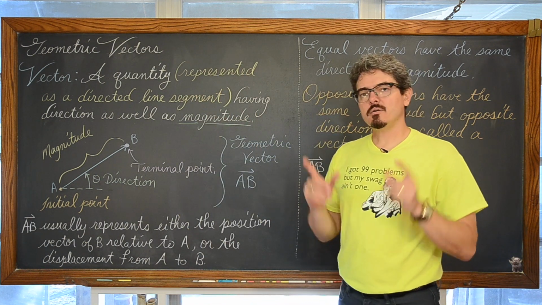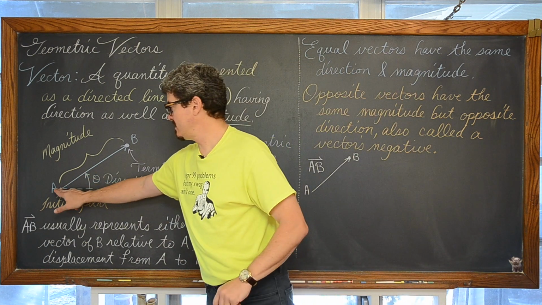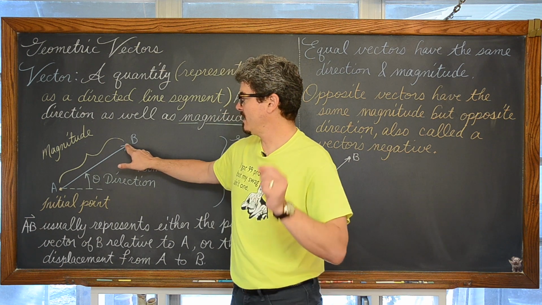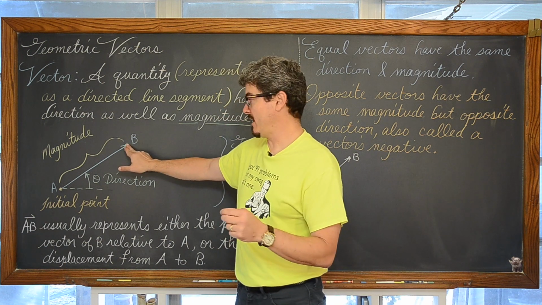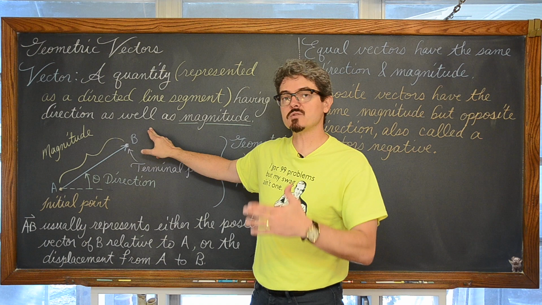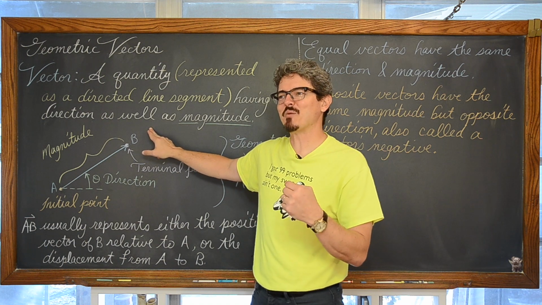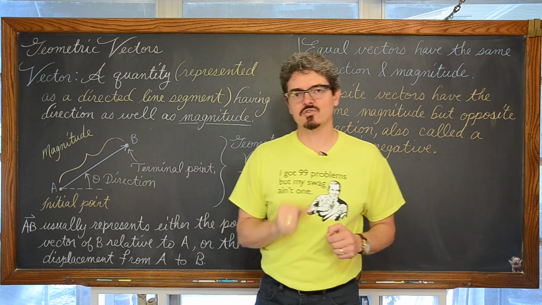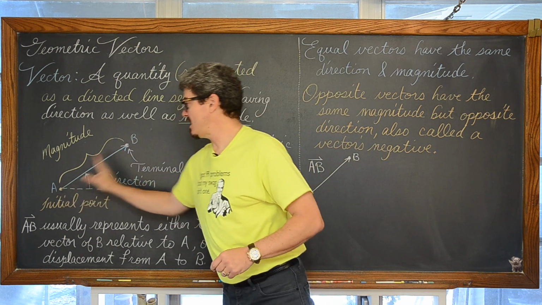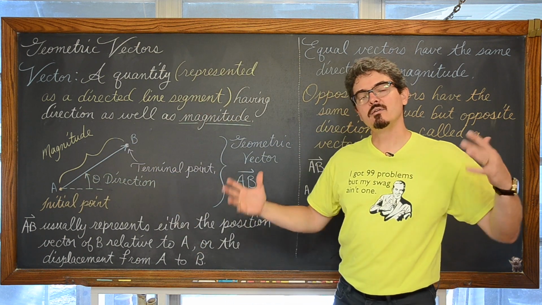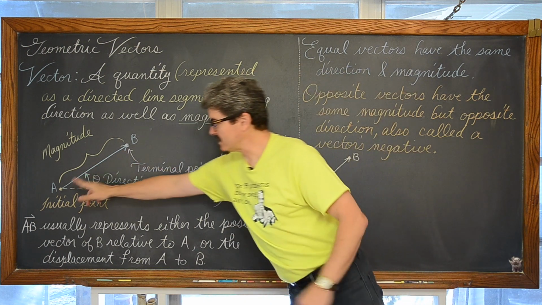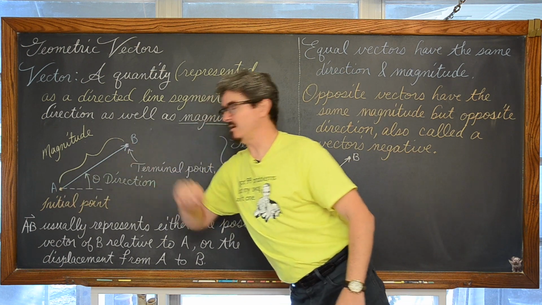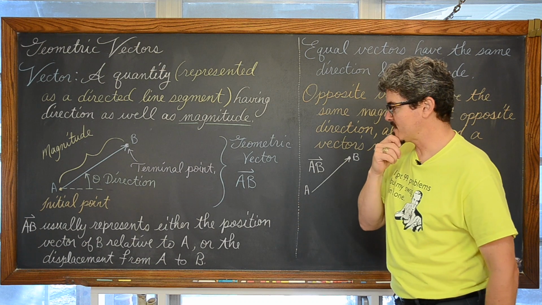Now as you draw your vectors, do not extend this arrow beyond B, because then you're misrepresenting the magnitude of that vector, and do not allow it to fall short either. This is not a ray going on forever. It is a directed line segment starting and ending at those two endpoints.